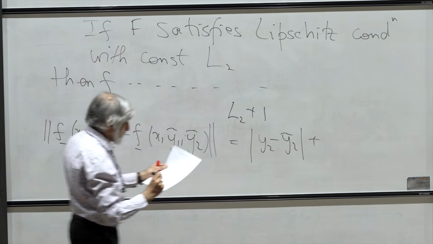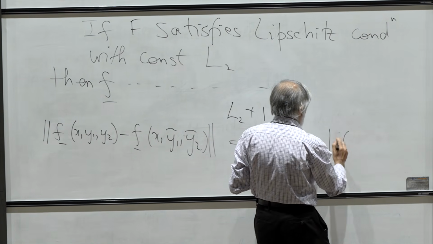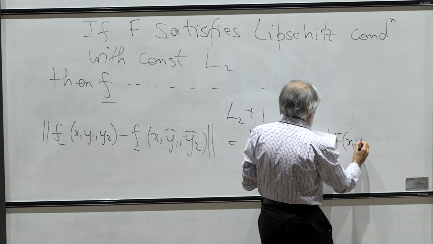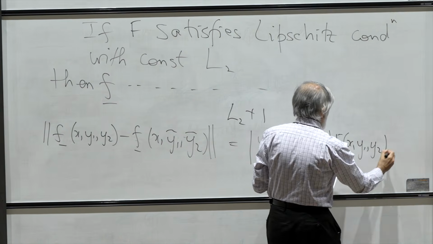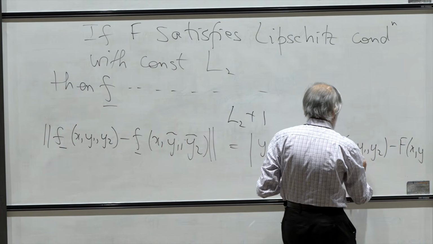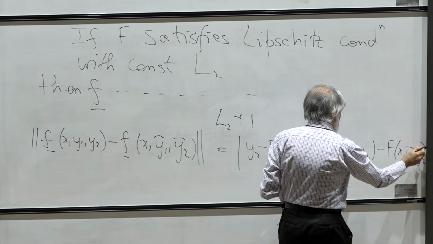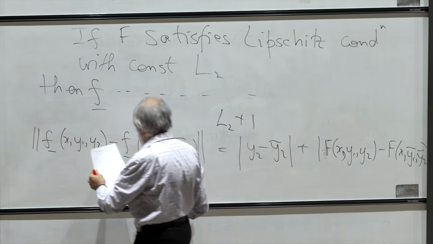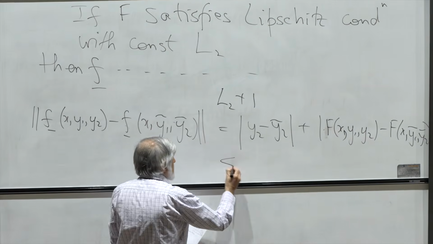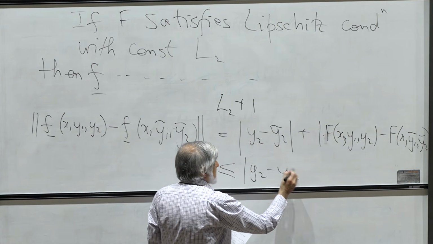And then the second one will be big F(x, y1, y2) minus big F(x, y1 hat, y2 hat). And leave that as is.